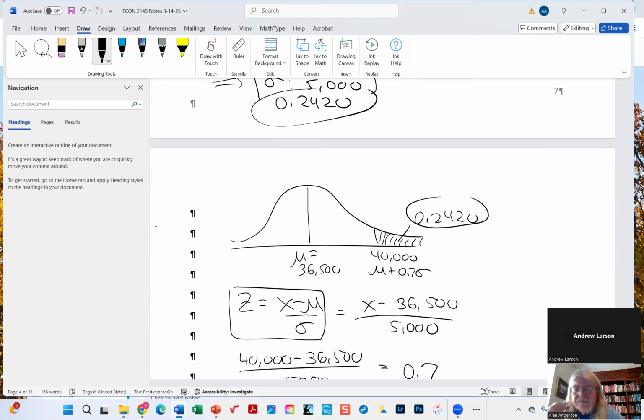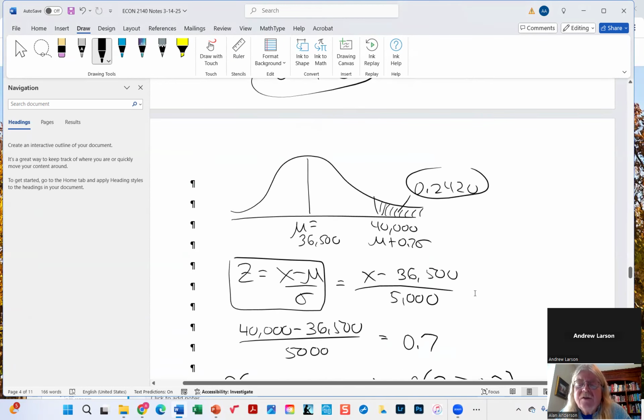What I have to do is I'm actually solving for X in this case. No, I'm not, sorry. I'm solving for a particular case of X, which is 40,000. The mean is this 36,500 and the standard deviation is 5,000.